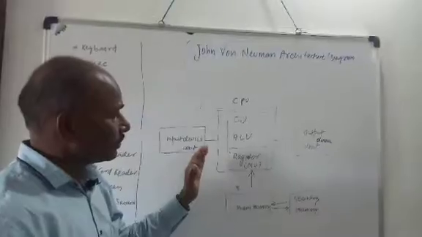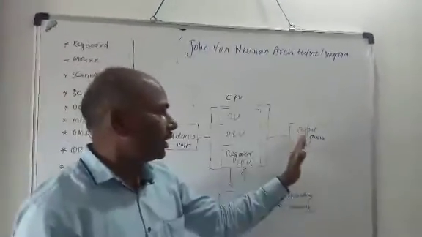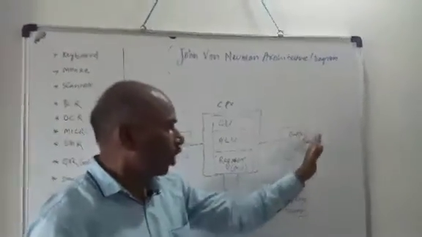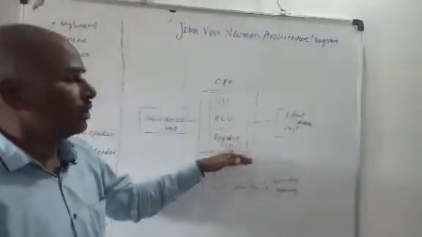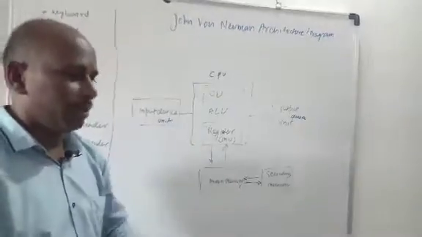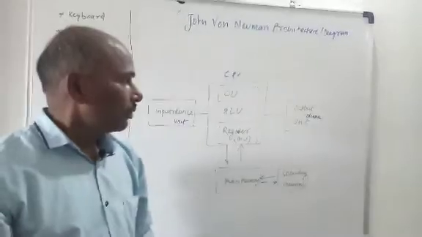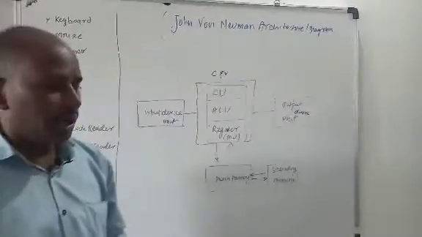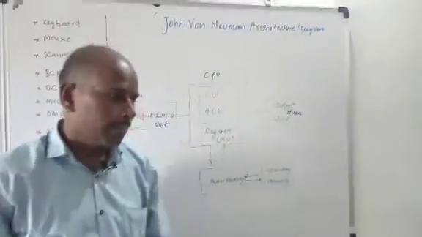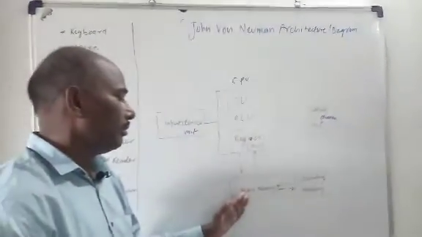After processing and before sending the data to the output unit, it needs to be stored in main memory. It means that the data we see on the output unit is stored in main memory.